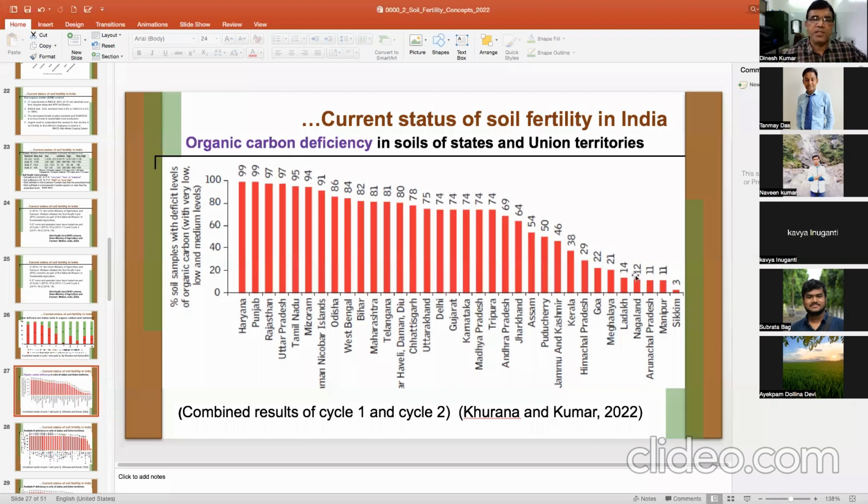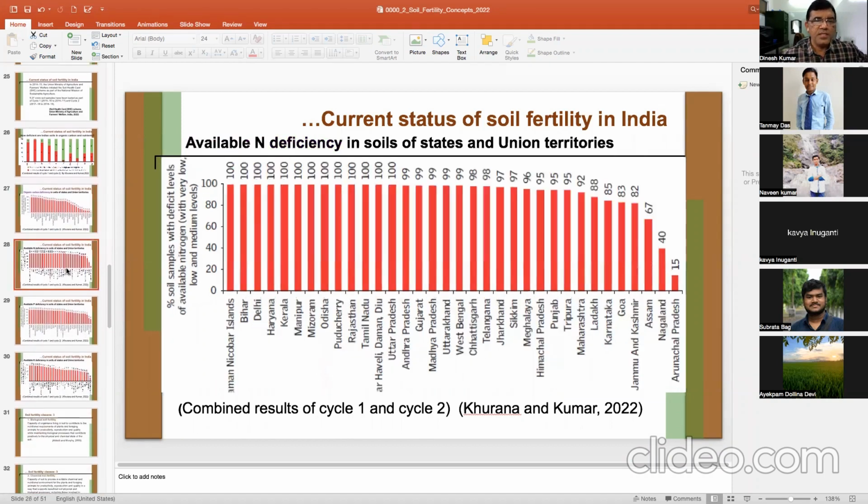So the condition was a bit better regarding organic carbon in soil. But in states like Haryana, 99% of samples were deficient in organic carbon. Haryana, Punjab, Rajasthan, Uttar Pradesh, Tamil Nadu. These are areas where we have intensive cultivation, where more and exhaustive crops are taken.